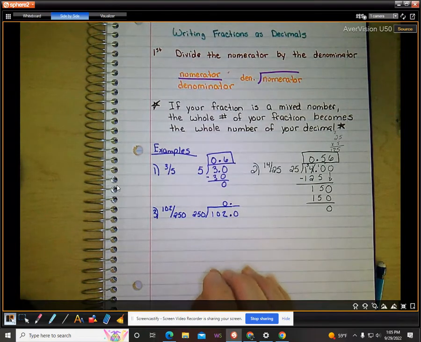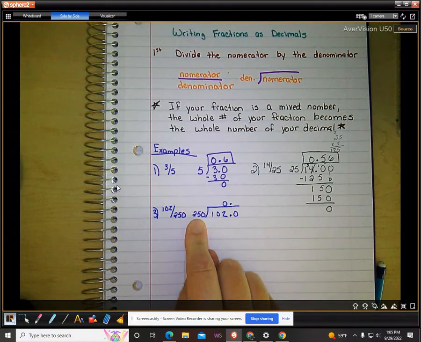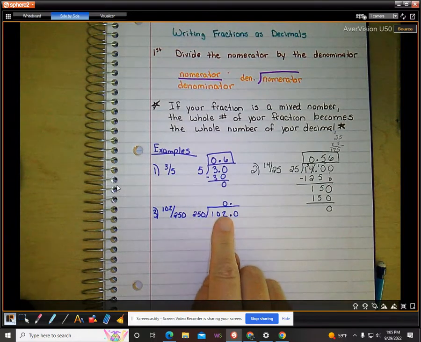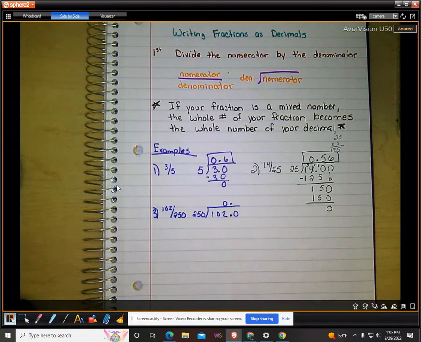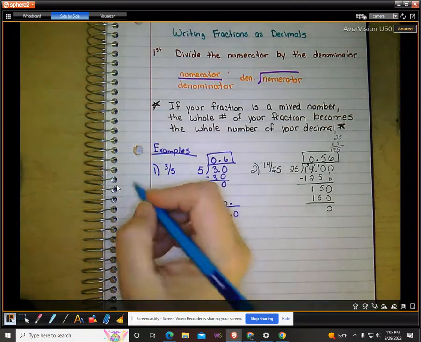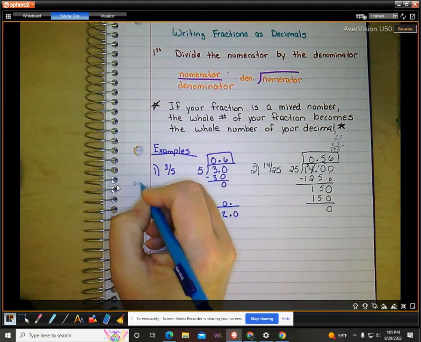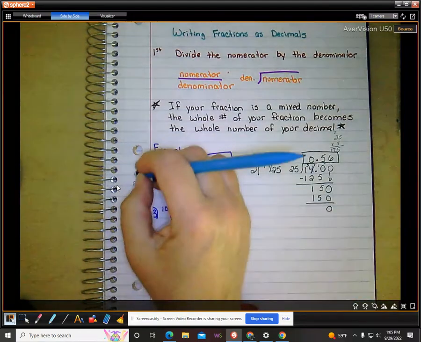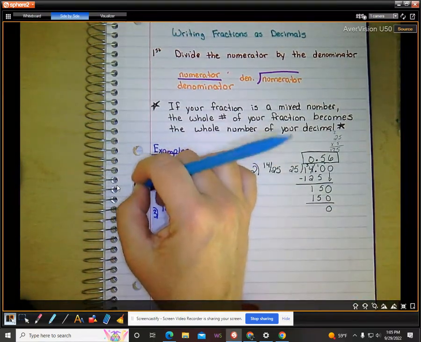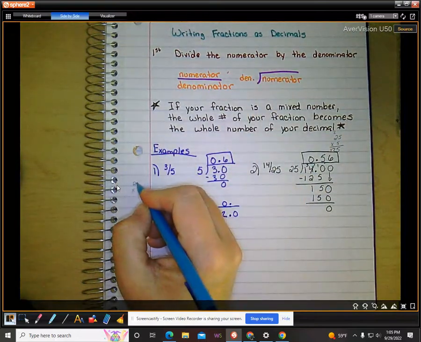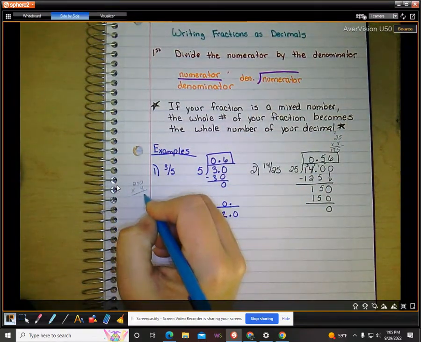Again, thinking of best ways to get a guesstimate. How many times would 200 go into 1,000? We're just kind of rounding those. Jeremiah? Let's try it. So if we take 200, actually it's 250, so we'll do that one. 250 times 4, just to see how close we are.